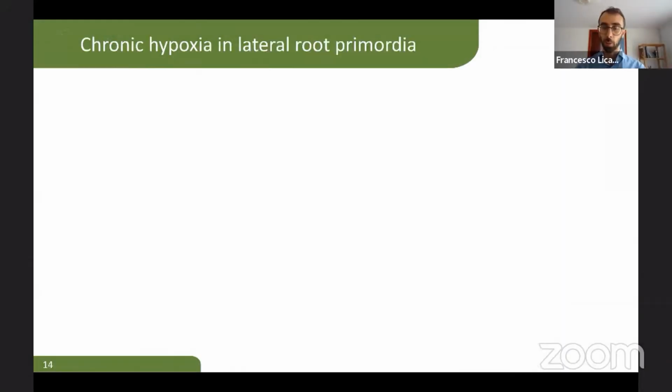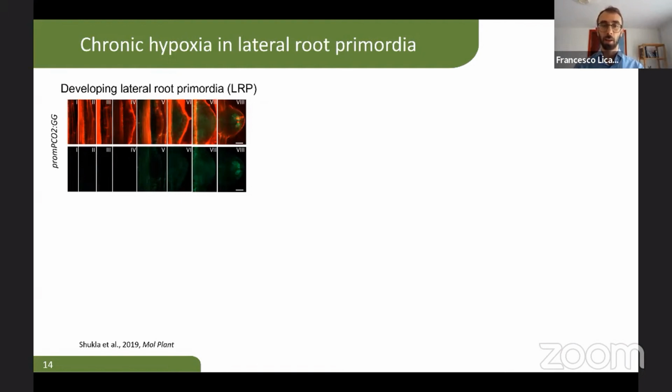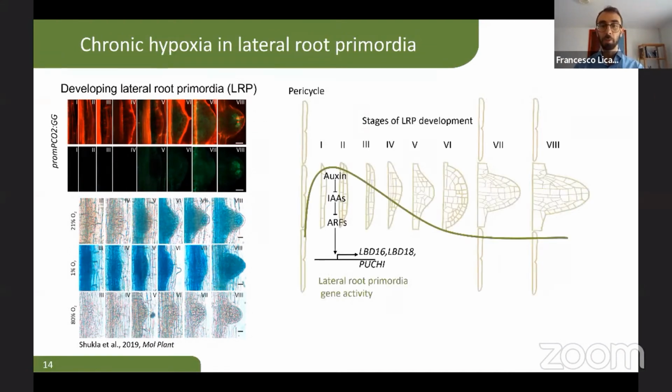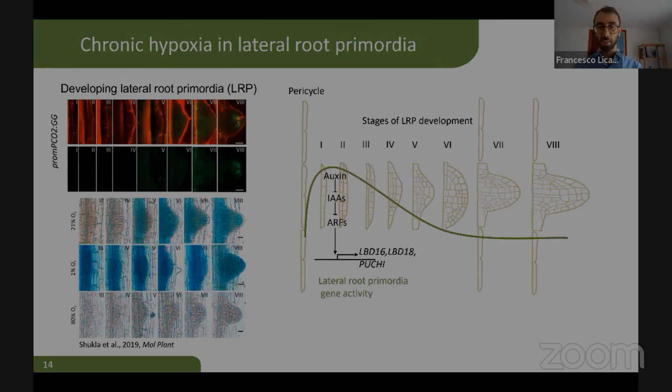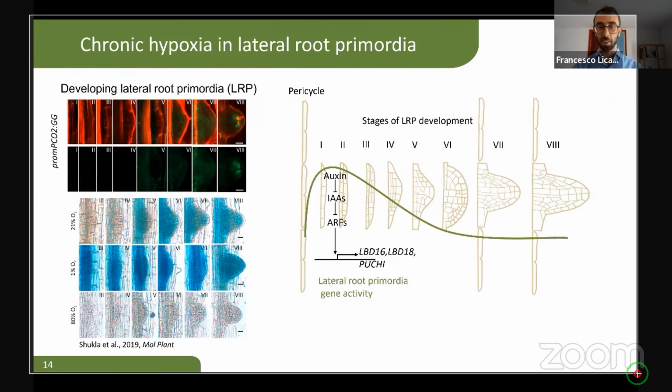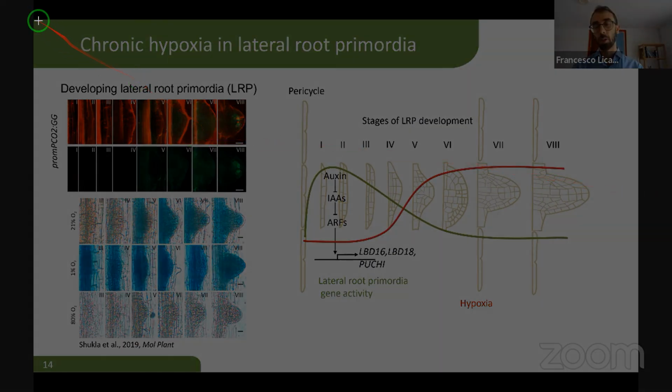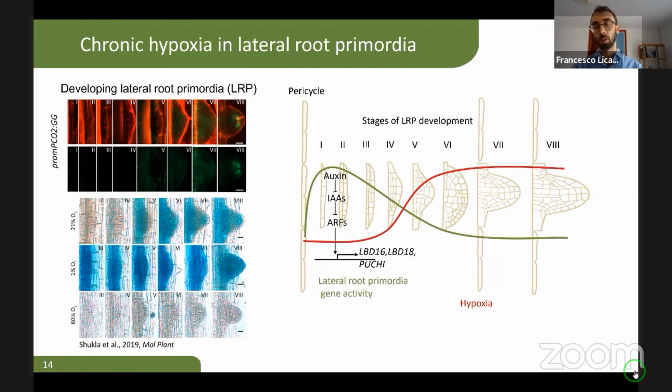So when we looked at lateral root primordia, we could verify that this hypoxia is established quite late in the development of the primordium. We believe this is associated with cell proliferation, and this can be prevented when we expose primordia to hyperoxic conditions. And cutting a very long story short, we believe that the increase in cell proliferation caused by increasing oxygen in auxin signaling, when the primordium needs to be established from the pericycle, is leading to an establishment of hypoxia and activation of ERF7 activity.